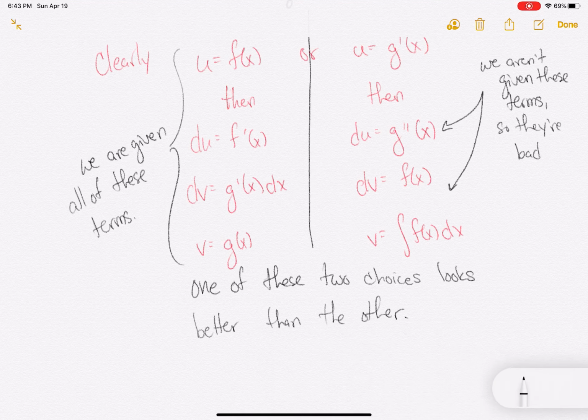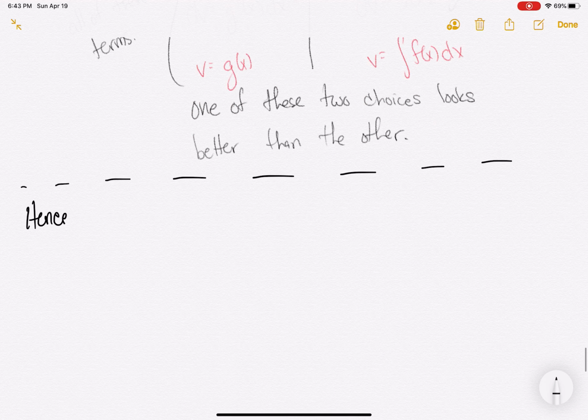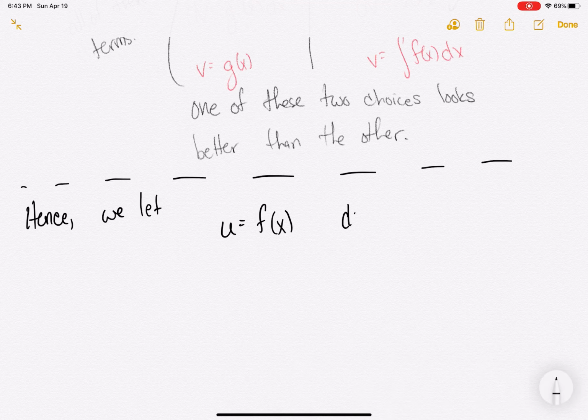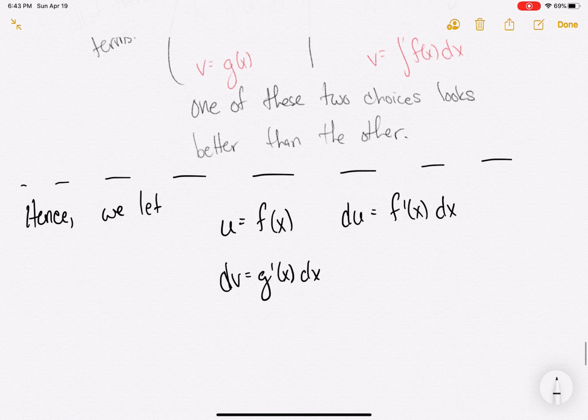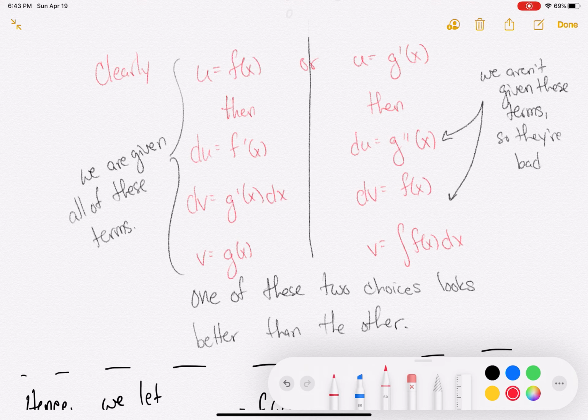So because of all that, we let u equal f of x, du would then be f prime of x dx, dv would be g prime of x dx, so then v could be g of x. I feel like I missed dx here.